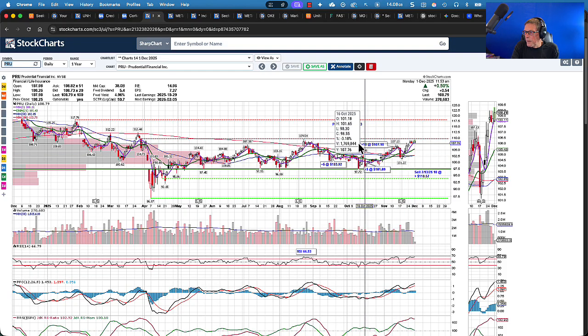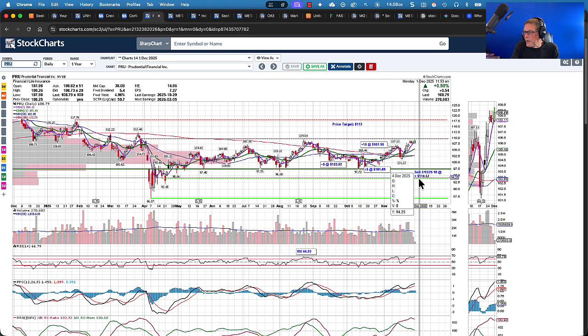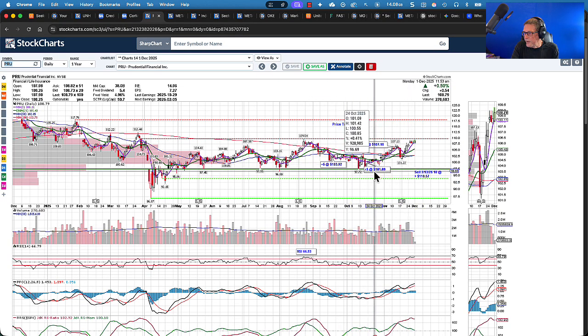I did pick up a few additional shares, and the reason I did that is I plan to sell a few entry points that are above the levels that I bought these at.